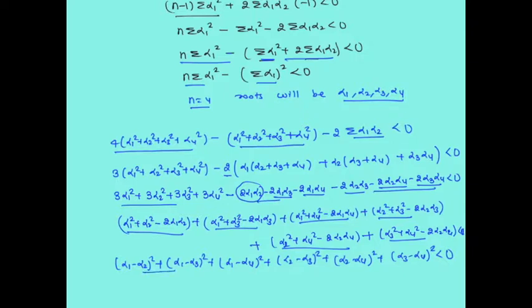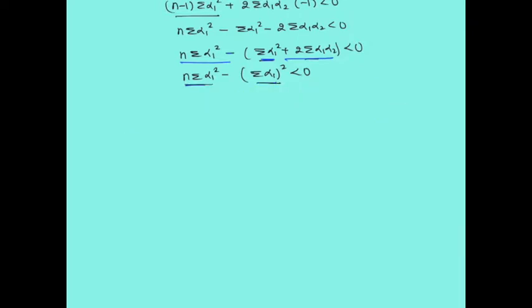So this equation we can write as sigma i equal to 1 to 4, sigma j equal to 1 to 4, alpha i minus alpha j whole square. Similarly, this equation we can write as sigma i equal to 1 to n, sigma j equal to 1 to n, alpha i minus alpha j whole square is less than 0.